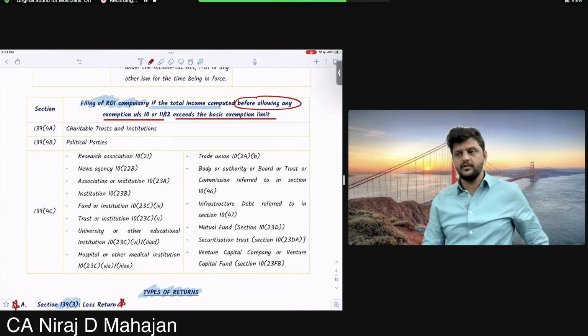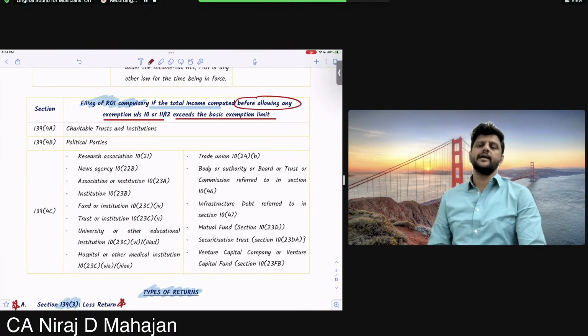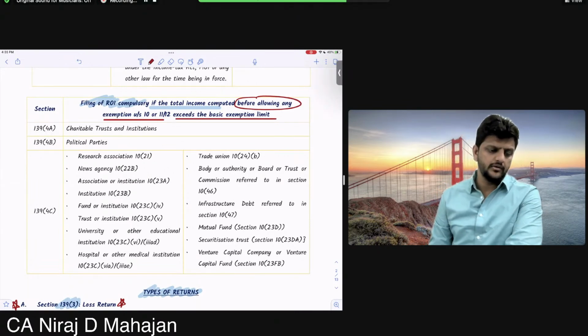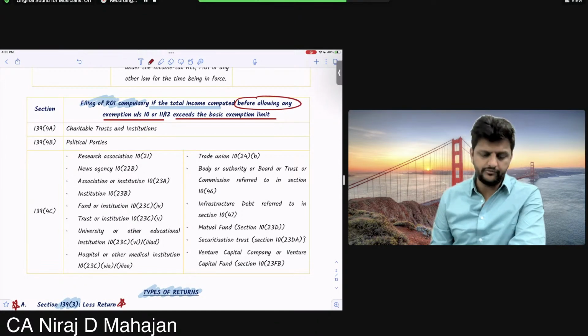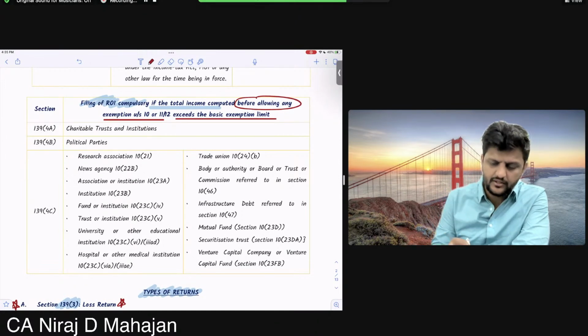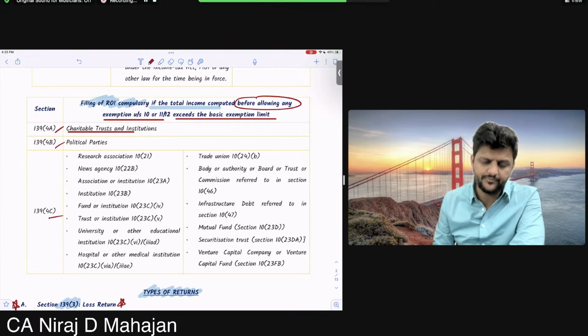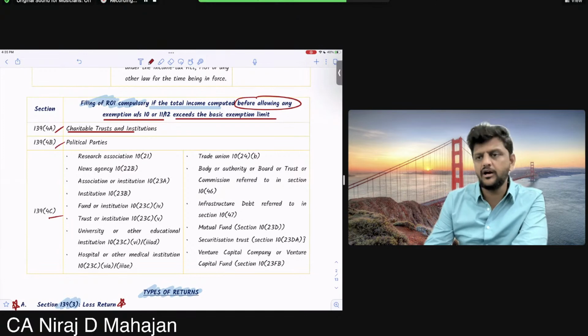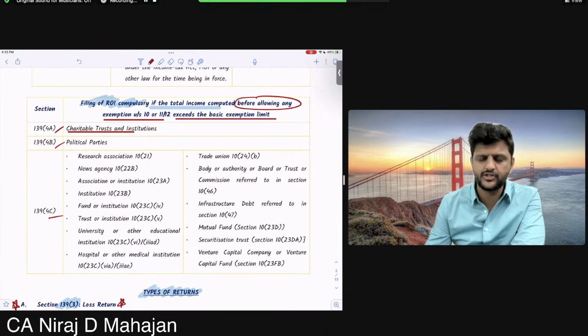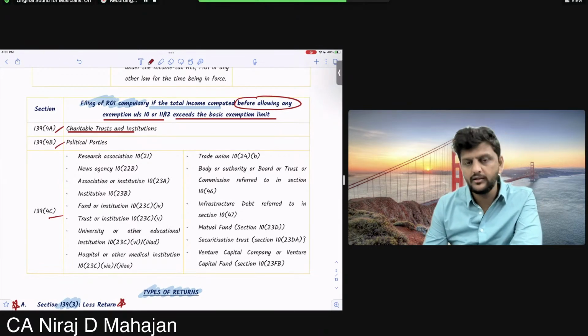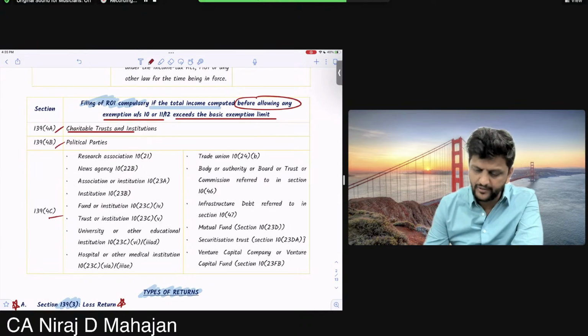Which all are these kind of entities? Just check. Charitable trust, institution, 139(4A), 4B, political parties, 4C, so much of list. Before allowing exemption of sections 10, 11 and 12, if the income is more than BEL, then they compulsorily have to file a return.